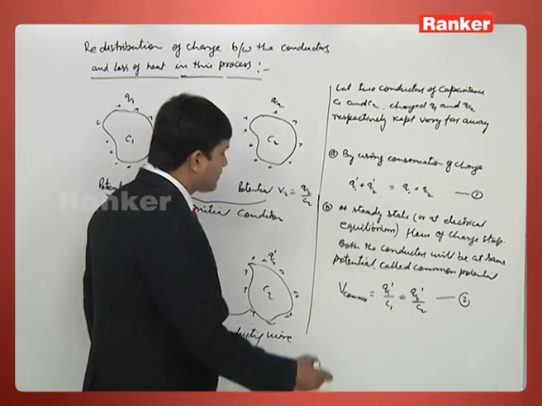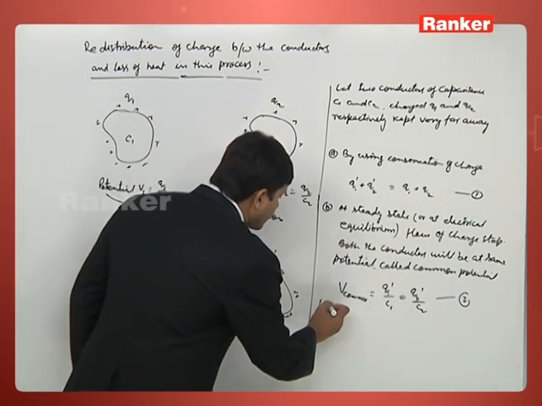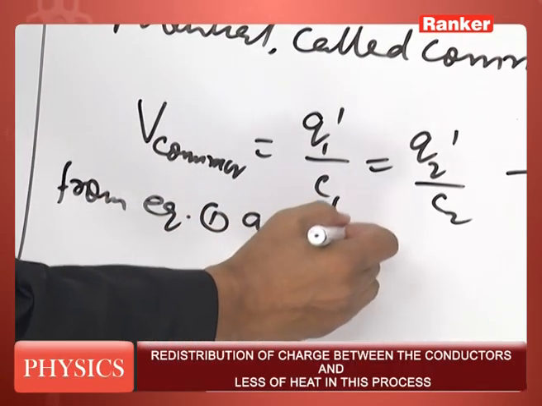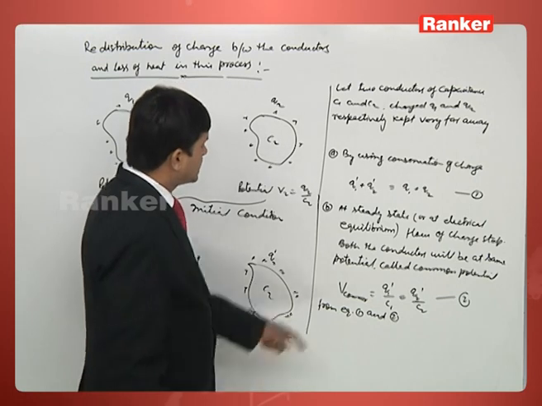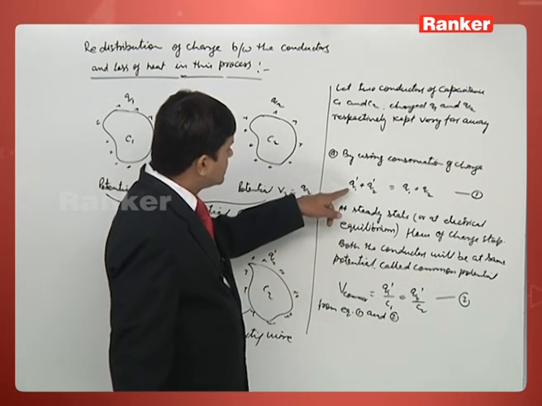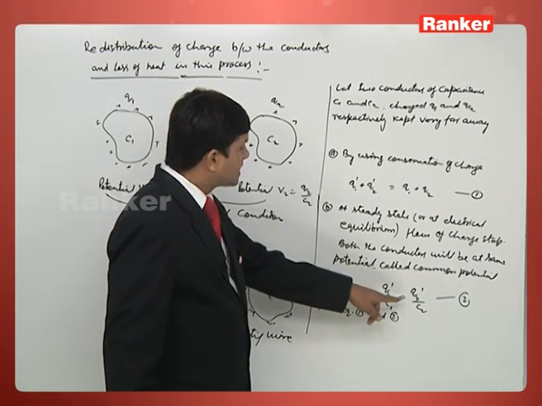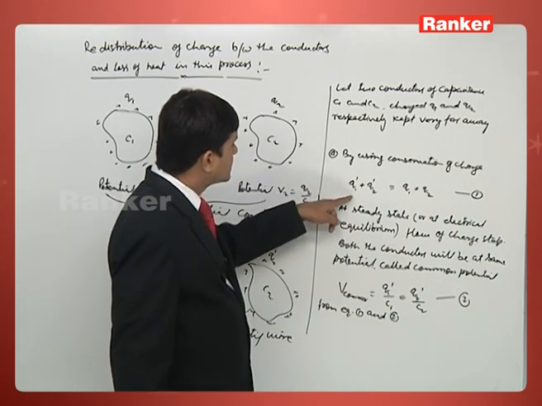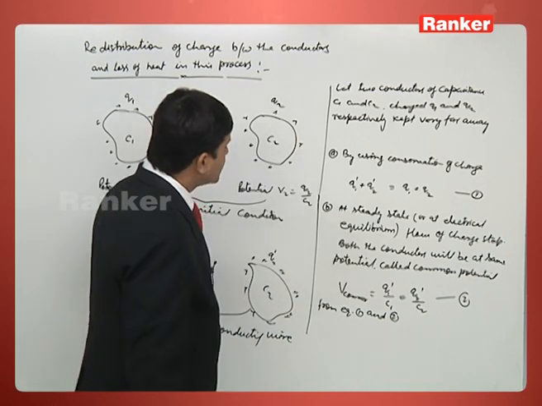Just we can simplify from equations first and second. You can substitute the value of, suppose, Q1 dash, which is C1 by C2 Q2 dash.